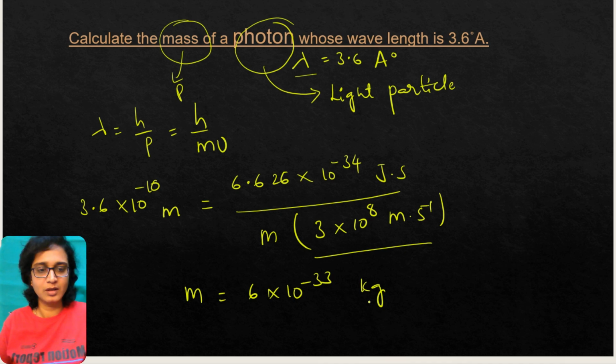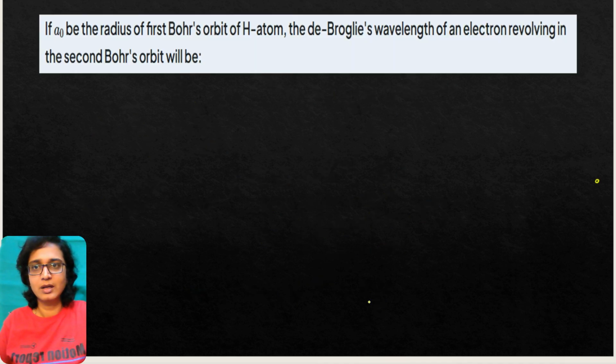kg. Okay. Next, if a naught be the radius of the first Bohr's orbit. Generally, the radius of any orbit will be 0.53 into n square by z angstrom units.